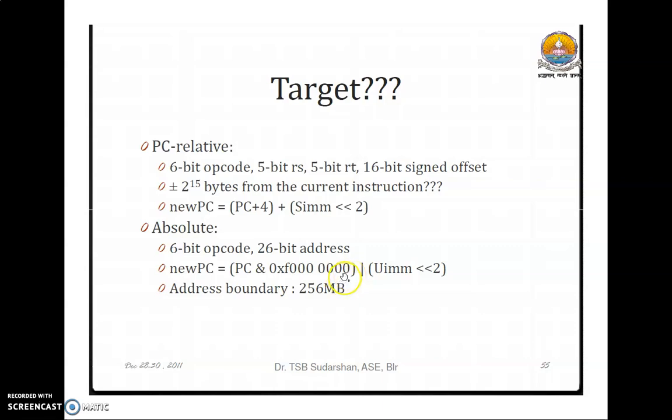So the result of ANDing this pattern with this PC will be: retain the first 4 bits as such, and all other 28 bits will be made 0. I repeat, first 4 bits of the PC will be retained and all remaining 28 bits will be made zeros. To that you are ORing this quantity.